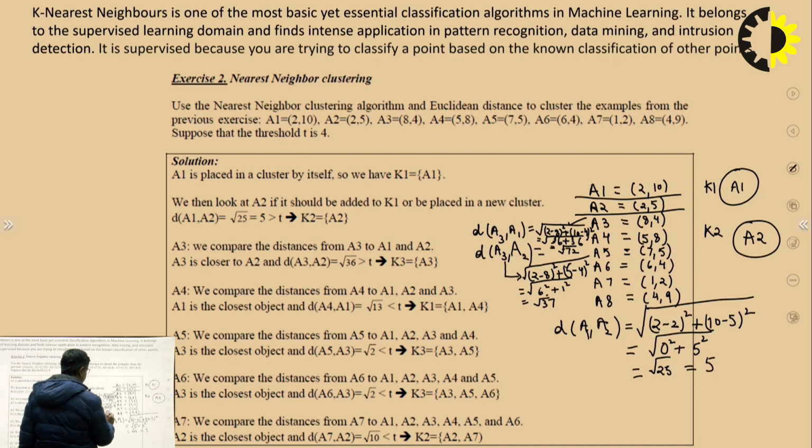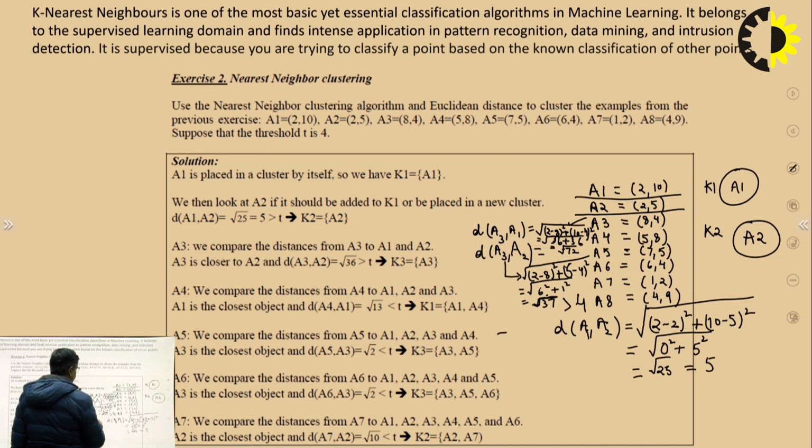Now this value, root 37, is the shortest distance, so we will have to check it against the threshold value of 4, whether it is greater than 4 or less than 4. Root 37 will be 6 point something approximately, and therefore this value is greater than 4.